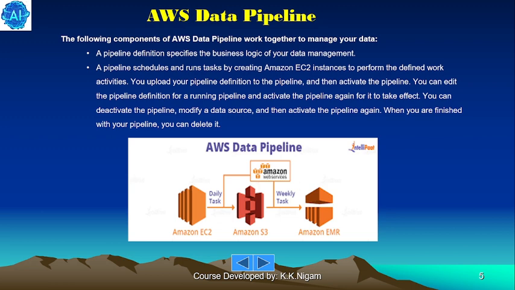You upload your pipeline definition to the pipeline and then activate the pipeline. You can edit the pipeline definition for a running pipeline and activate the pipeline again for it to take effect. You can deactivate the pipeline, modify a data source, and then activate the pipeline again. When you are finished with your pipeline, you can delete it.